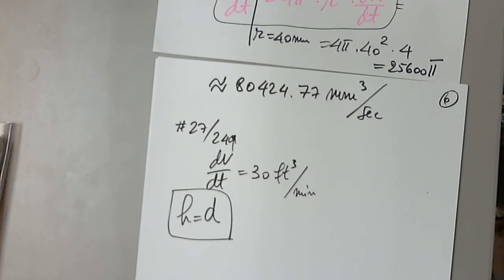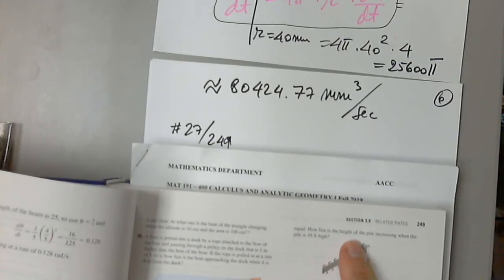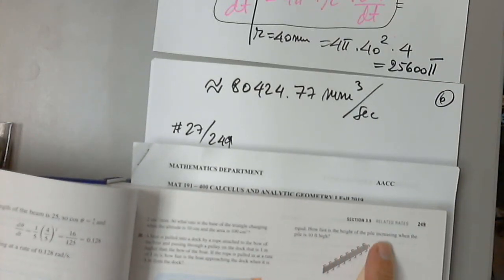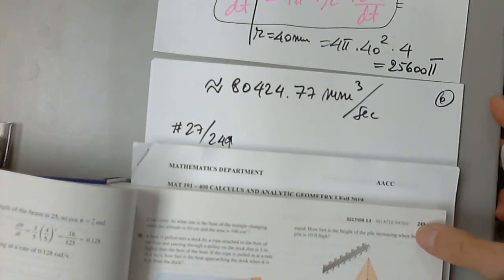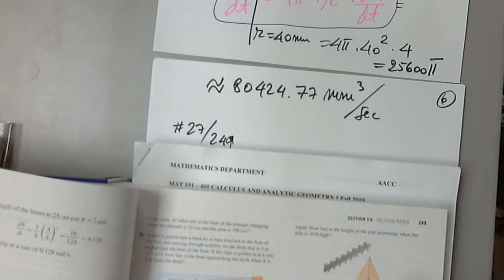And the question now is asking, careful, how fast is the height of the pile increasing? I don't care about the rest at this moment, the part after "when", because it's not going to come into play from the beginning. It has to wait. Is that clear? So how fast is the height of the pile increasing?